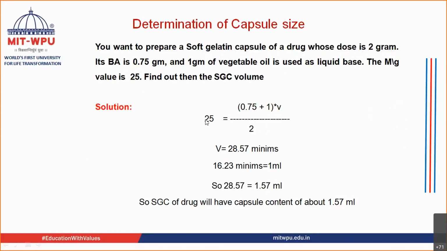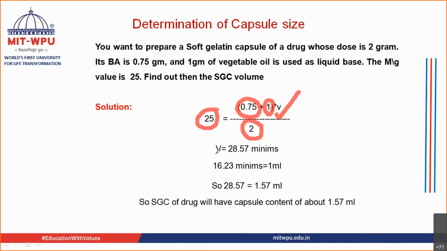So this 25 is nothing but the Minimum Gram factor. This is the BA, that is base adsorption, that we have taken over here. This is the volume of the liquid that is required, that is 1, we have taken over here. And this is the weight of the solid. This we are going to find out, that is the volume of SCG, soft gelatin capsule volume.